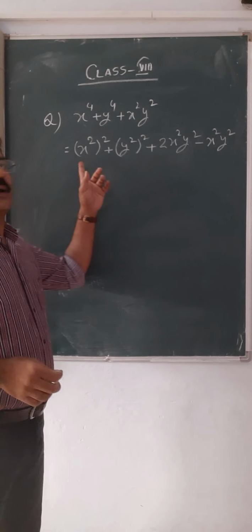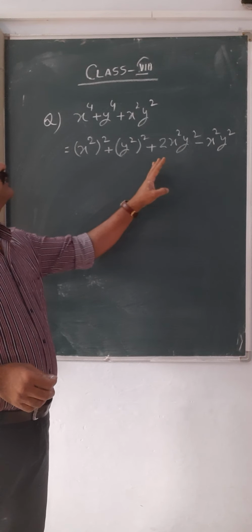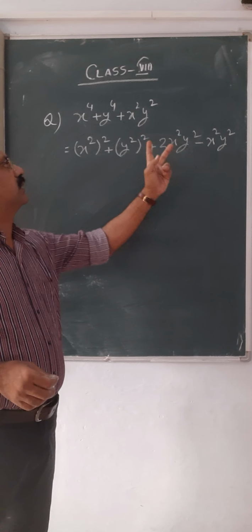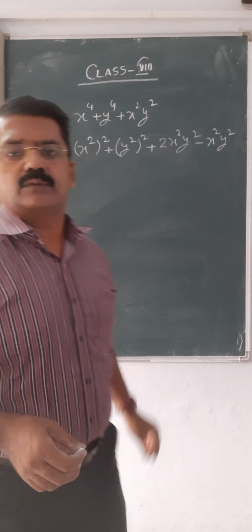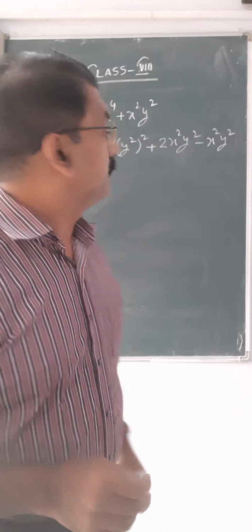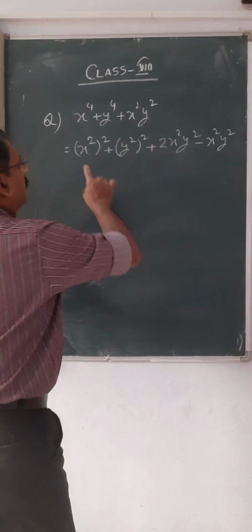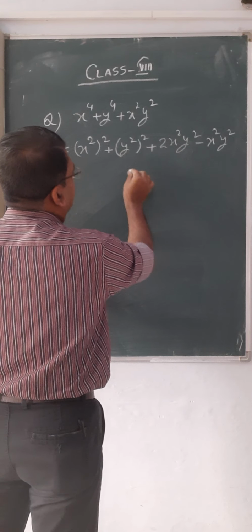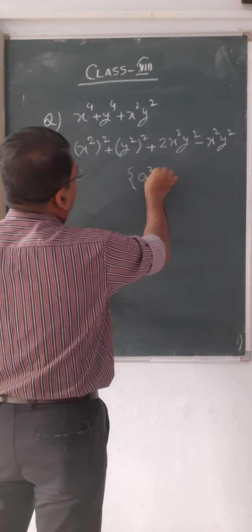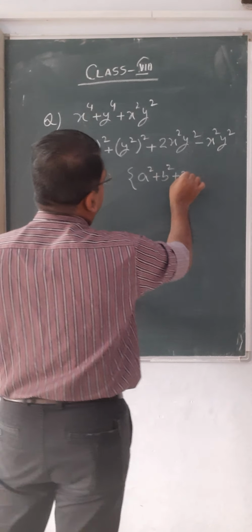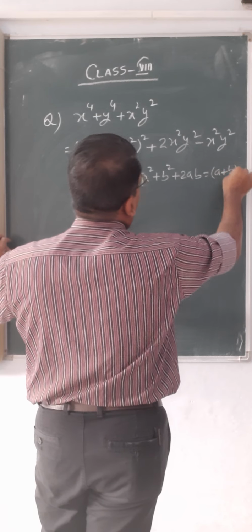Okay, x square whole square plus y square whole square plus 2x square y square and minus x square y square. 2 times x square y square minus 1 times x square y square will be equal to x square y square. Now if you see, in the first three terms we can apply the identity a square plus b square plus 2ab is equal to a plus b whole square.